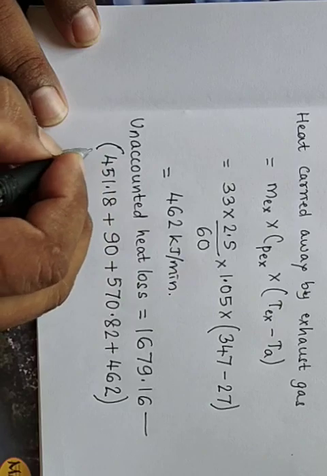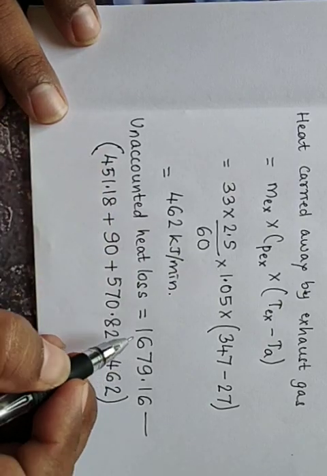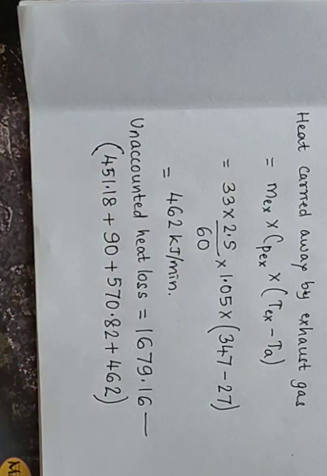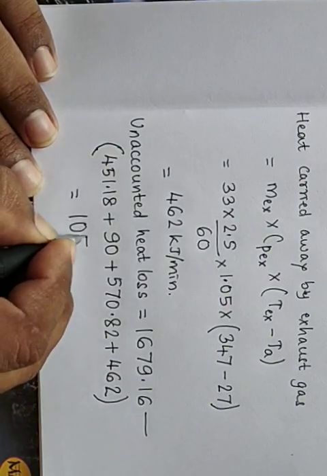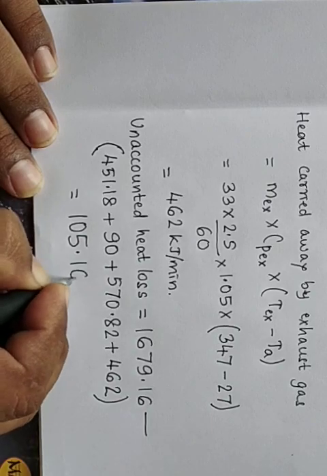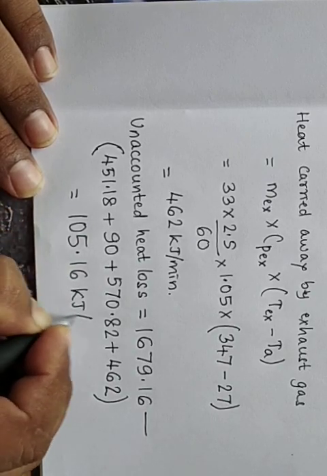So add them and subtract it from 1679.16. So you will get the answer as 105.16 kilojoules per minute.